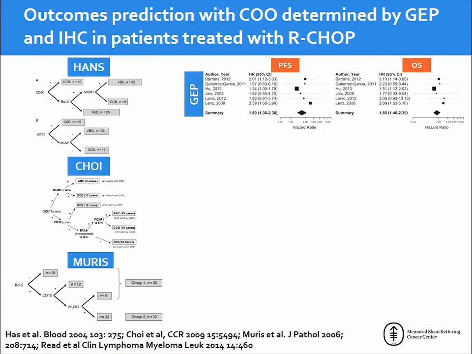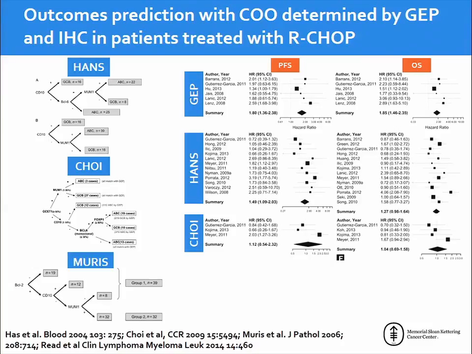So gene expression profiling has consistently shown differences between activated B cell and germinal center tumors, with the germinal center tumors having a superior progression-free and overall survival. And this meta-analysis clearly shows that cell of origin was important prognostically.